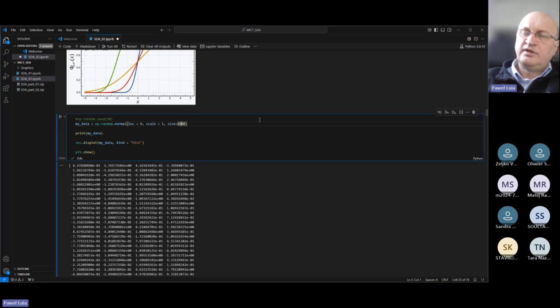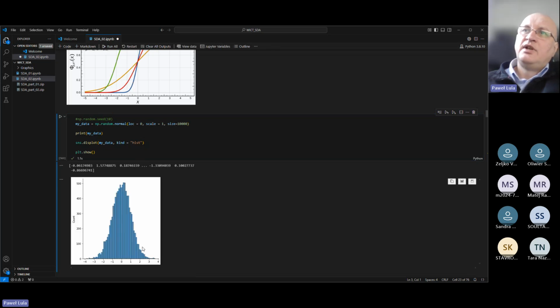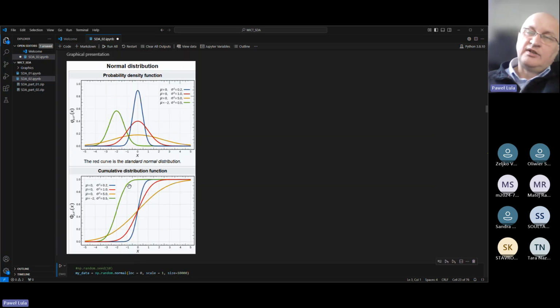Please look at this experiment. After increasing the number of elements, we see that the shape of this histogram is much closer to the theoretical distribution.